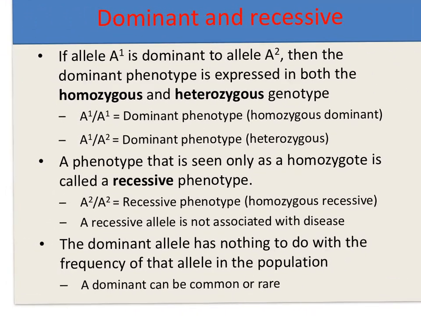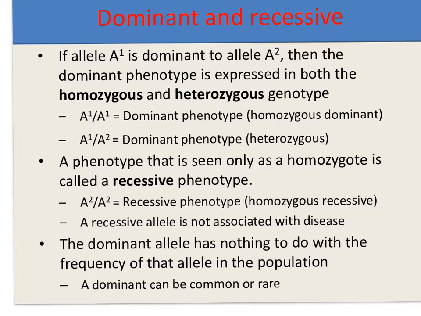Okay, dominant and recessive. Now, instead of HbA and HbS, we're just going to have allele A1 and allele A2. Now, in terms of dominance and recessive, we're going to say that A1 is dominant over A2.